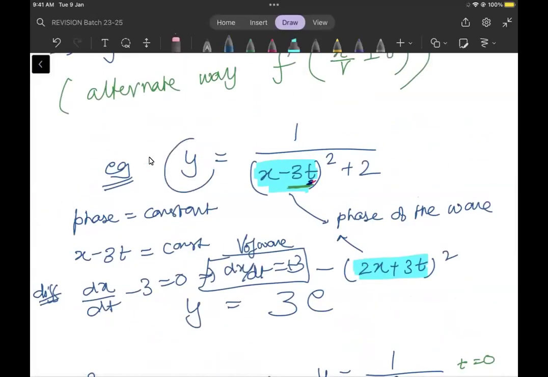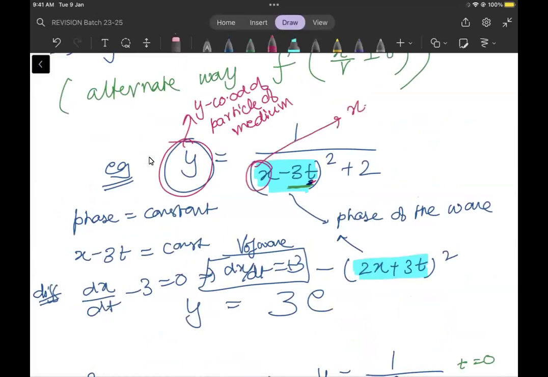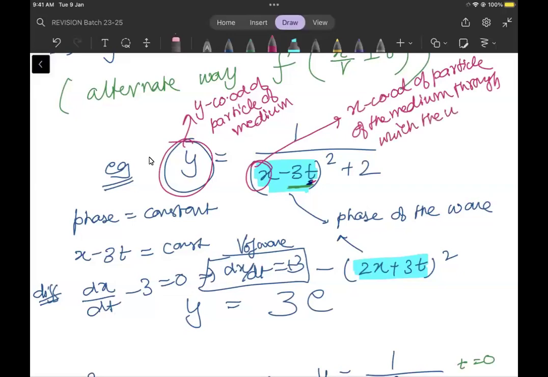And this is the y coordinate of the particle of the medium through which the wave is traveling. This is the x coordinate of the particle of the medium through which the wave is traveling.